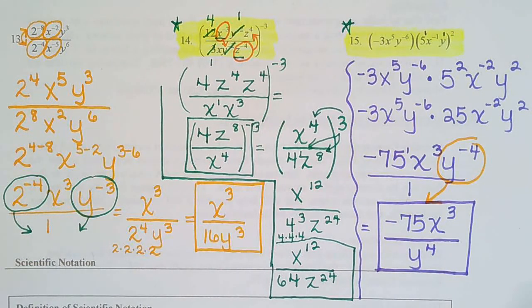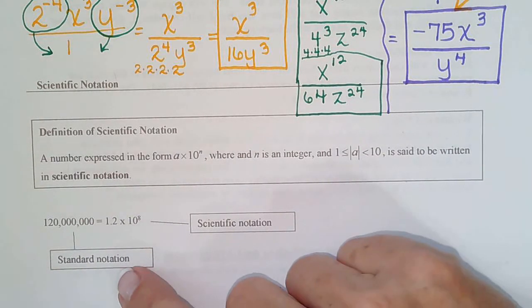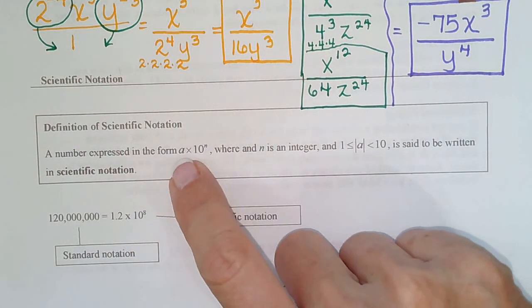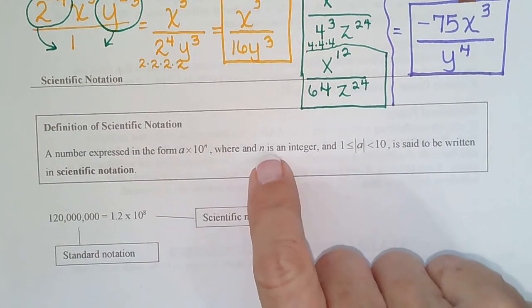Okay, let's go over scientific notation rules, and then we'll start on our back page. So scientific notation is when a number is expressed as a whole number times 10 to the nth.